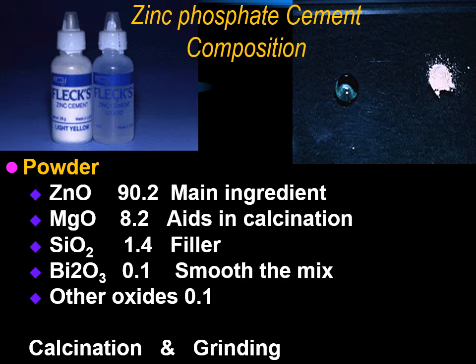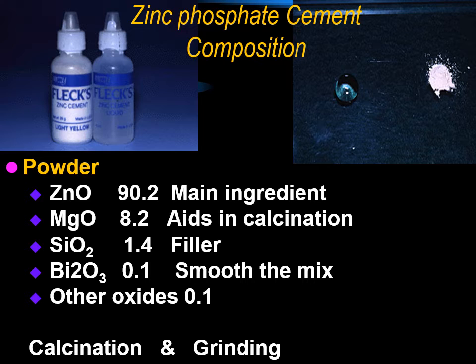The calcination process is important because it reduces the reactivity of the powder to the liquid. The zinc oxide reacts with the phosphoric acid very rapidly, so we wouldn't have enough working time.